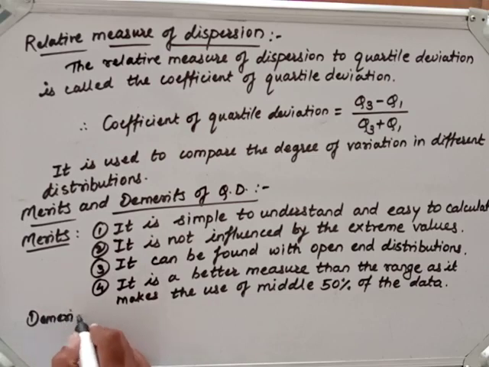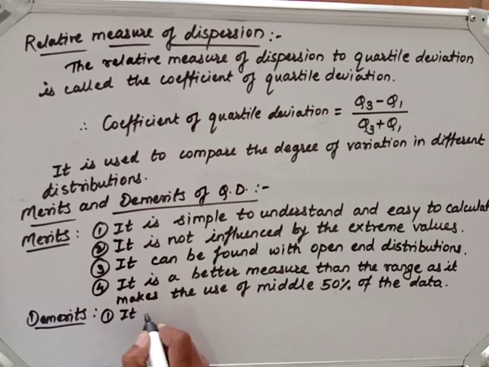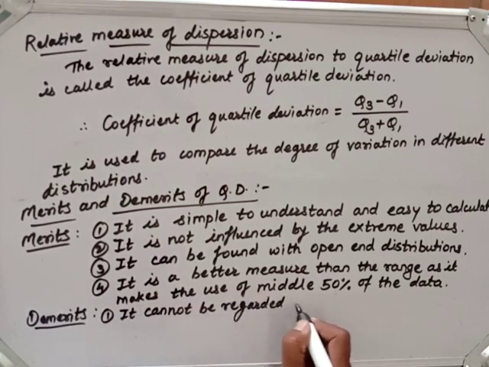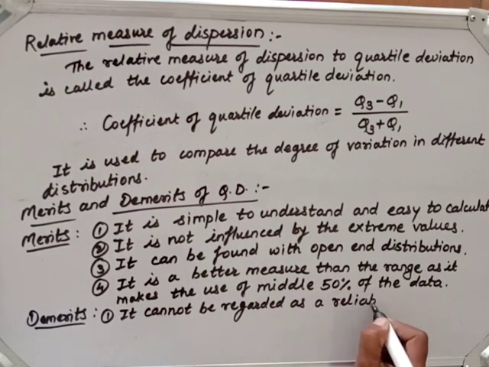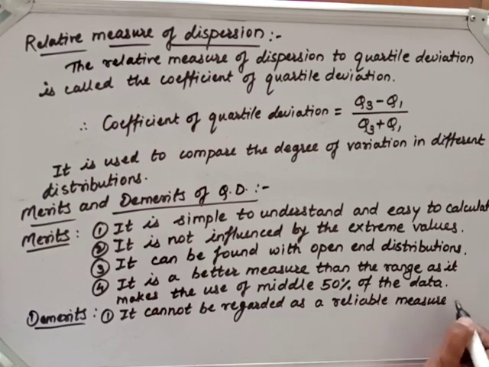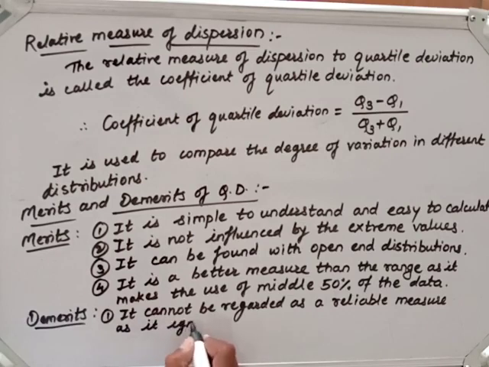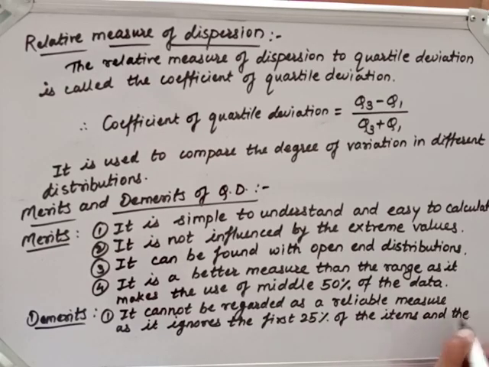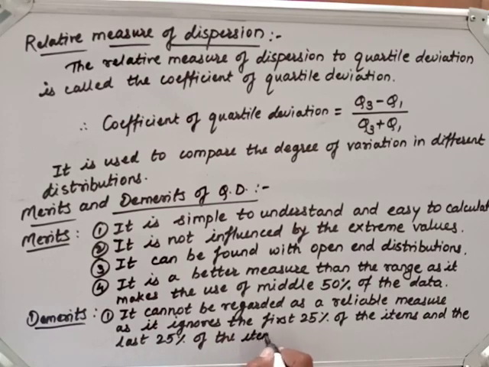So the demerits are, the first one, it cannot be regarded as a reliable measure, means a faithful measure, as it ignores the first 25% of the items and the last 25% of the items of the data.